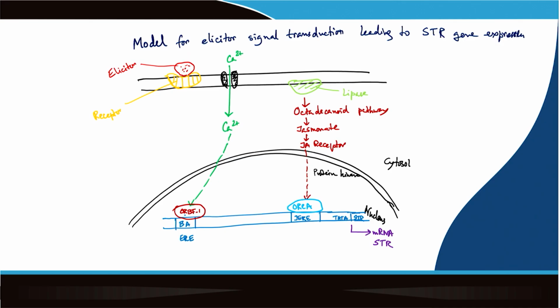So, what happens is that when, apart from jasmonate, any other elicitor is used, say it could be fungal extract, say it could be yeast extract, that binds and opens the calcium channel, and that calcium channel directly influences the BA area, that is where the elicitor response elements are, where this one transcription factor binds, which is called CRBPF1.